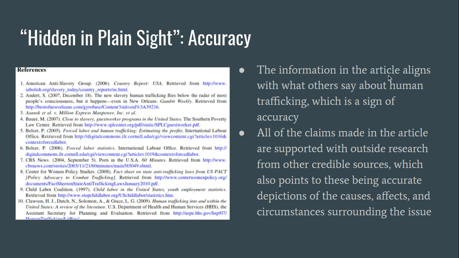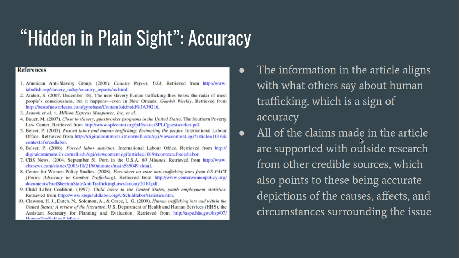And the information that's presented here does align pretty well with what everybody else in all of the other articles and videos we watched or read on the subject had to say. So that is a sign of accuracy, because generally when lots of experts agree, then that's a good thing, right?